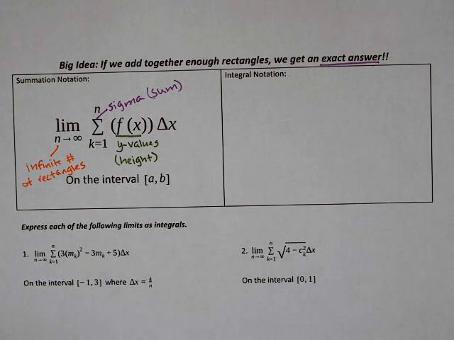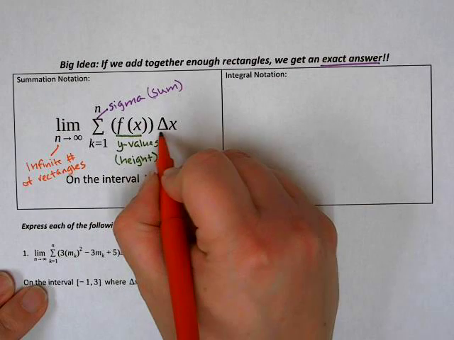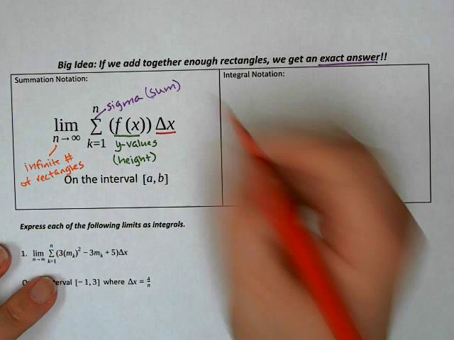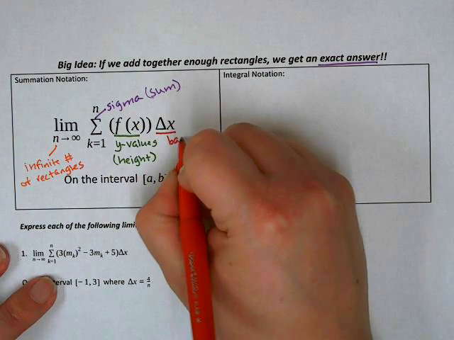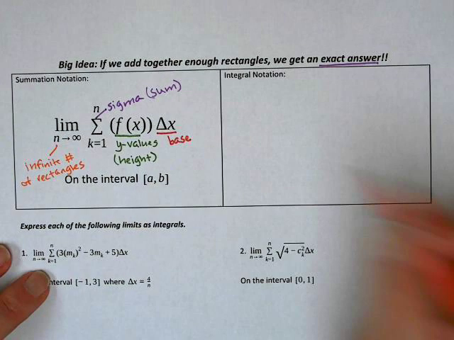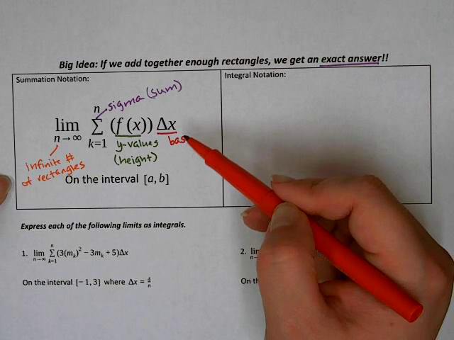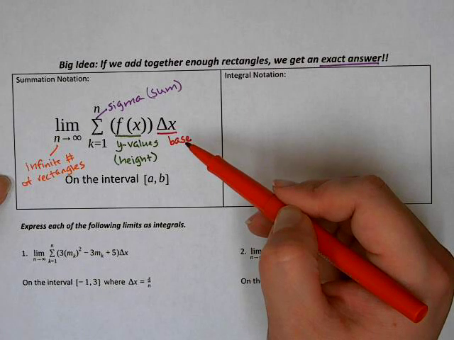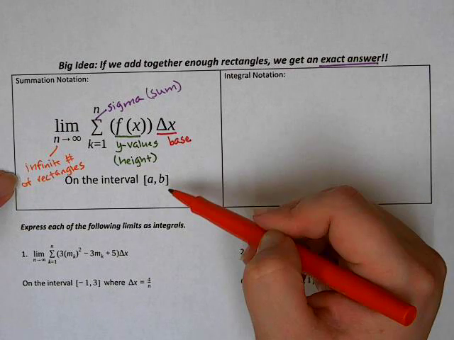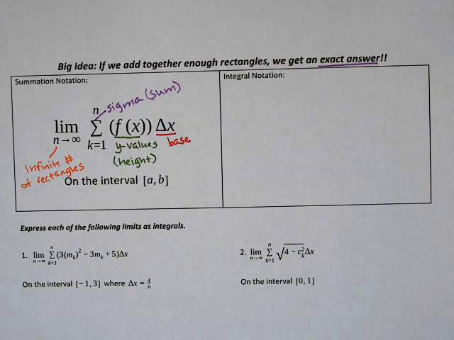Delta x that's written here, we know that delta x stands for the change in x. So this is going to be the base of our rectangles. And since we're doing an infinite number of rectangles, we're trying to make this base as small as possible. So it's going to be super, super small numbers in order to be able to make an infinite number of rectangles on this interval.